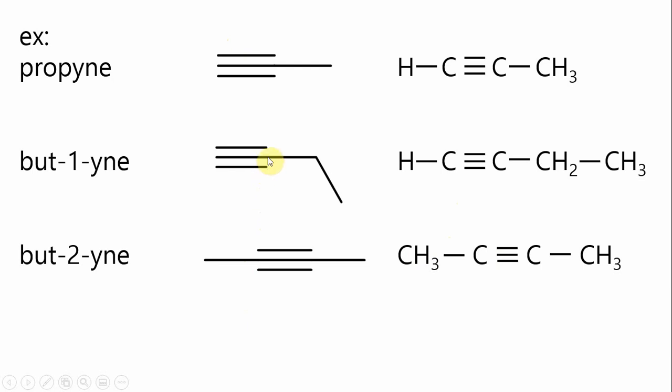What gets a little bit confusing sometimes is that, especially with the programs that I sometimes use to draw structures for making worksheets and that sort of thing, they don't leave a gap. When you do it by hand, it's easier because you can leave a gap between this line segment and this line segment to indicate that yes, there is a carbon here.